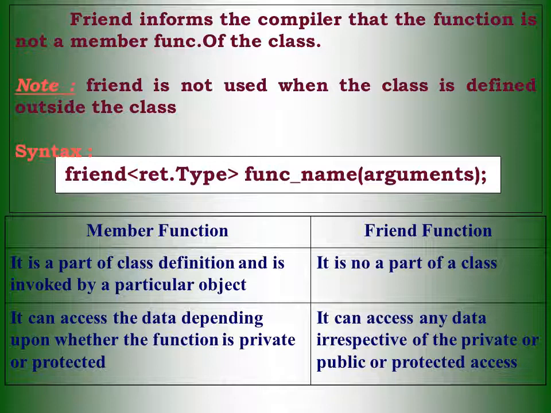The friend function is not part of that class, so it can be shared with everything. A member function depends on whether it is private or protected, and according to that it can be shared between classes. But the friend function can access private, public and protected data irrespective of that. Why? Because it is not a part of the class, so it can be shared with other classes and functions.